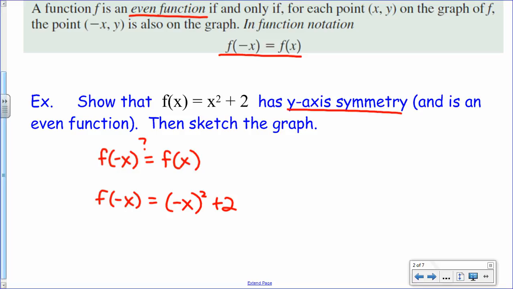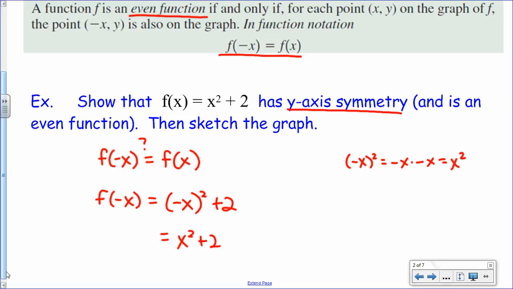So negative x squared is negative x times negative x. Negative times negative is positive, so positive x squared. So I can rewrite that as positive x squared plus 2.